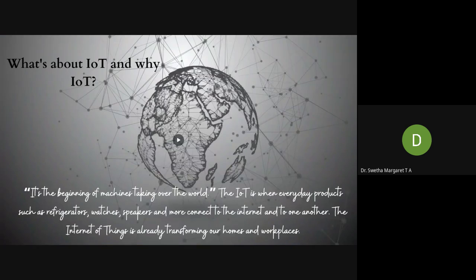So why IoT? We found the technology to be simpler and it could be perceived by a lot of common people when we implement this and bring it into existence. So why not artificial intelligence or high-end technology? Mostly we are looking at not pumping in more monetary funds for the implementation.